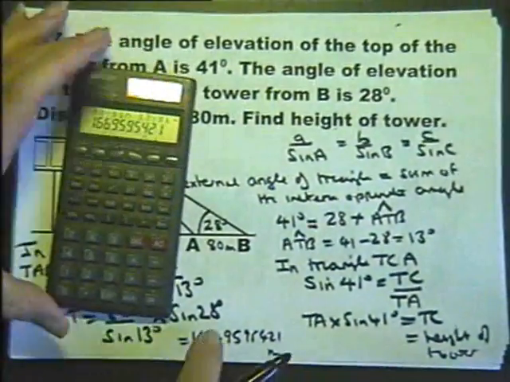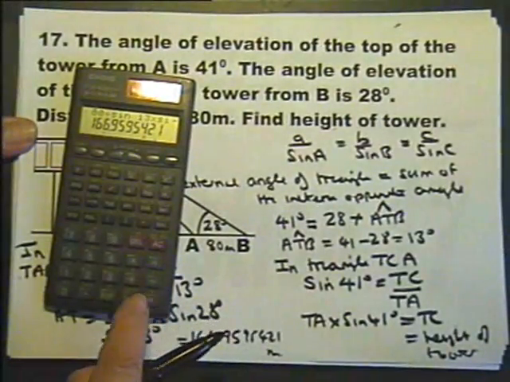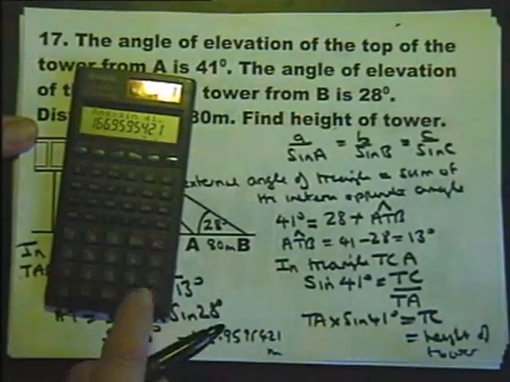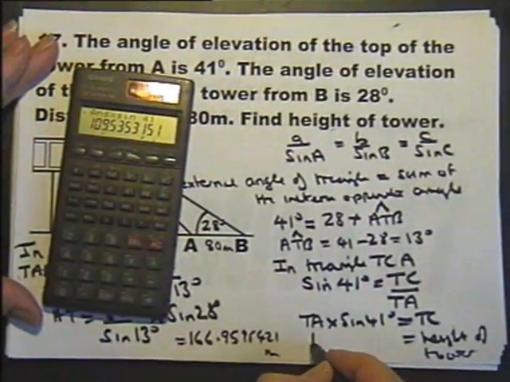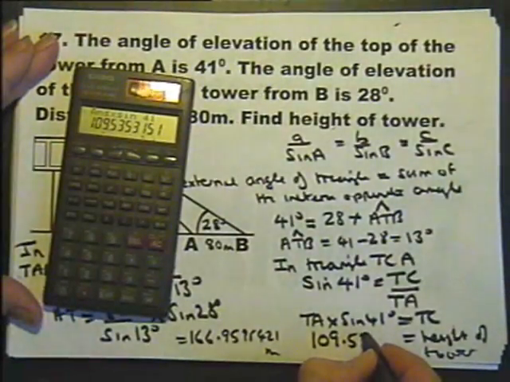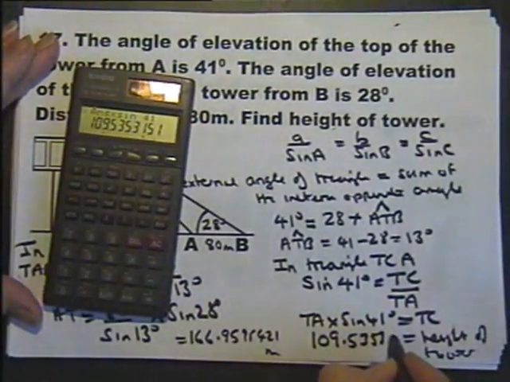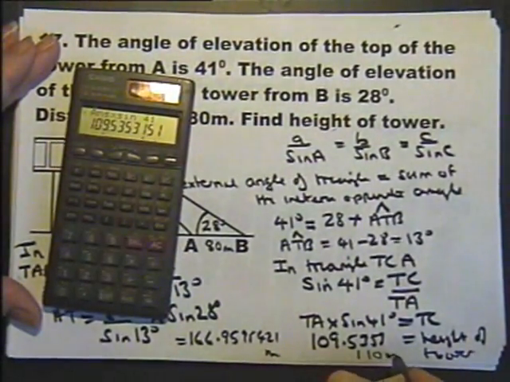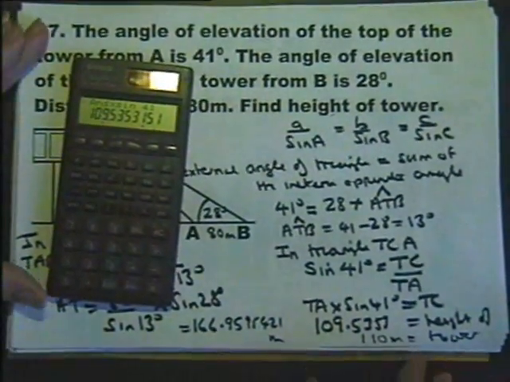So this answer is still in the window of my calculator, quite handy. So if I do answer multiplied by the sine of 41, I'll get 109.5353 and so on, and we'll do that as 110 to the nearest three significant figures, I think.